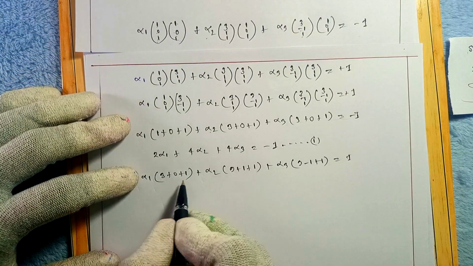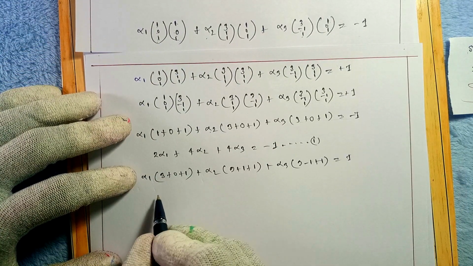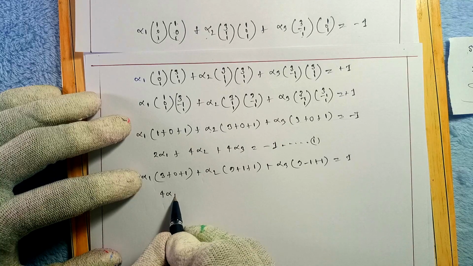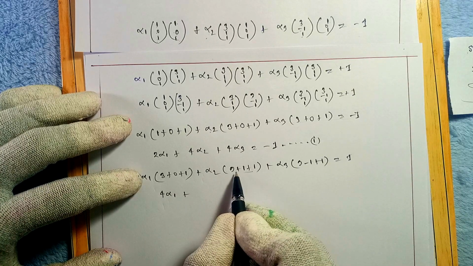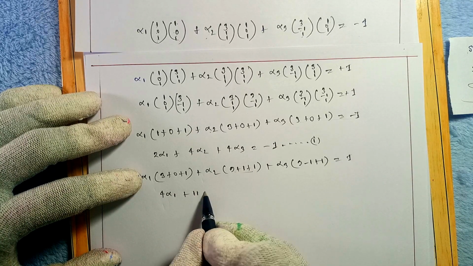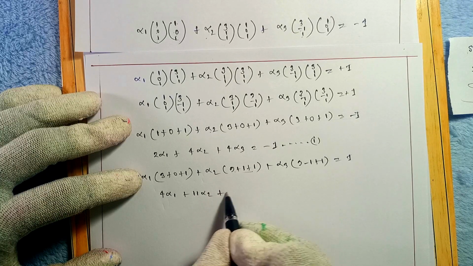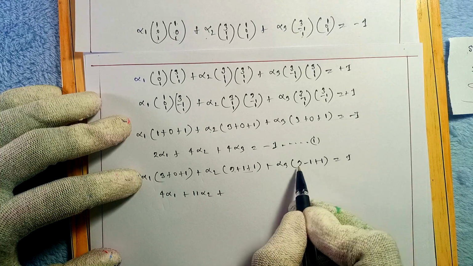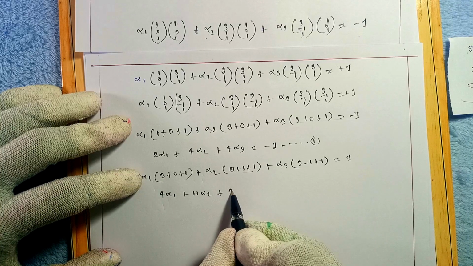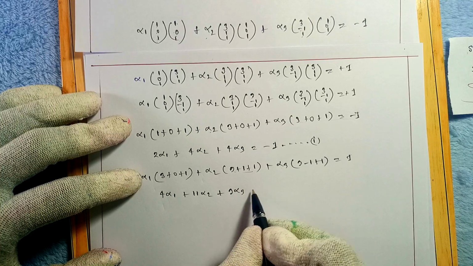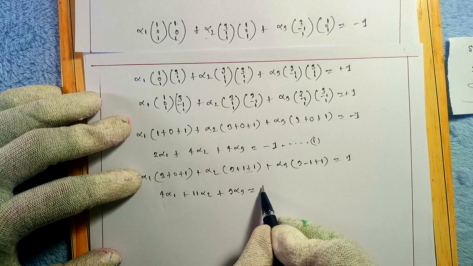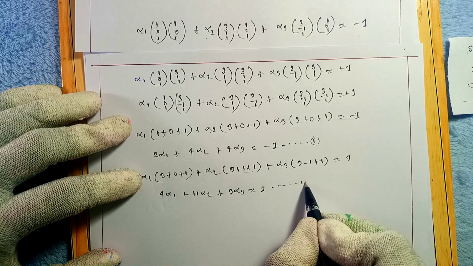So you can write this value 3 plus 1 is 4 alpha 1, plus 9 plus 1 plus 1 is 11 alpha 2, plus minus 1 plus 1, then only 9 alpha 3, equal to 1. This is equation number 2.